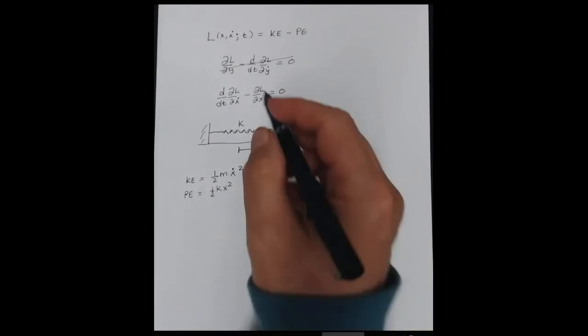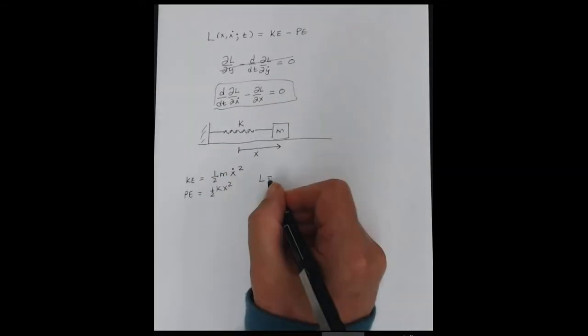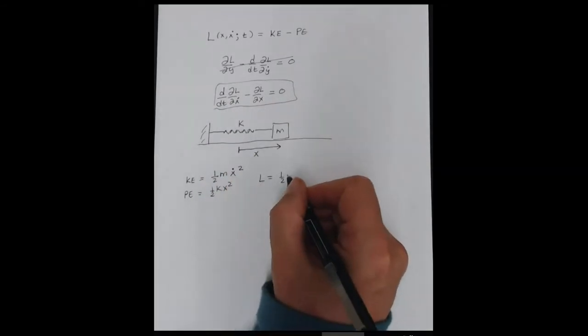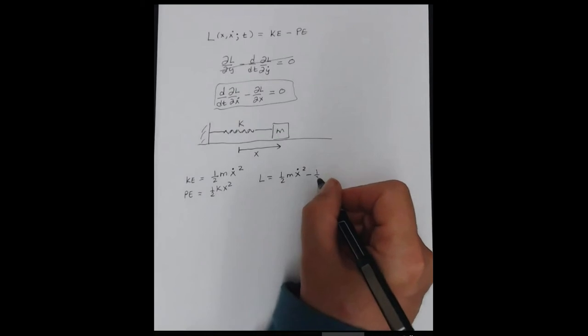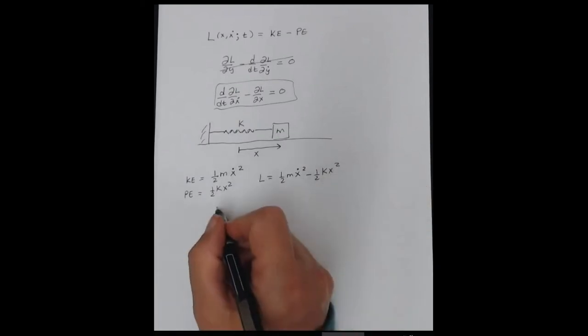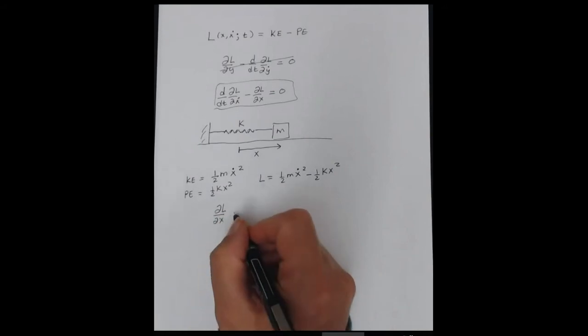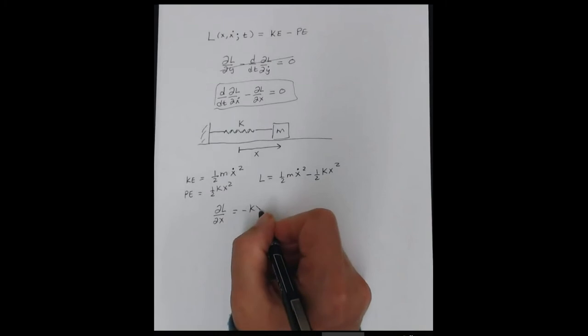And then we're going to find the equation of motion here. So first L is 1/2 m x dot squared minus 1/2 kx squared. So the partial of L with respect to x is simply going to be negative kx.